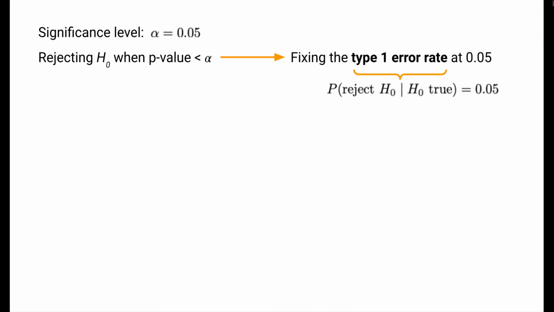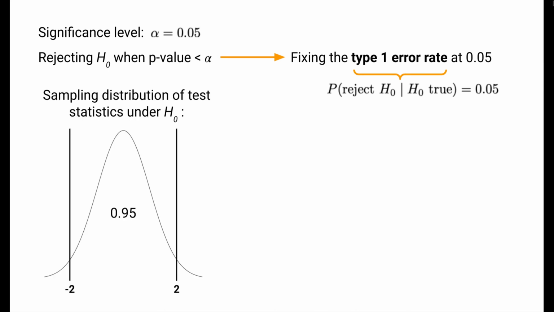So why is this? Say, for example, that the distribution of test statistics under the null follows a standard normal distribution. That is a normal distribution with mean 0 and standard deviation 1. Using the 68, 95, 99.7 rule, we know that 95% of samples will give test statistics between approximately -2 and 2. This means that 5% of samples will give test statistics that are larger than 2 in magnitude.